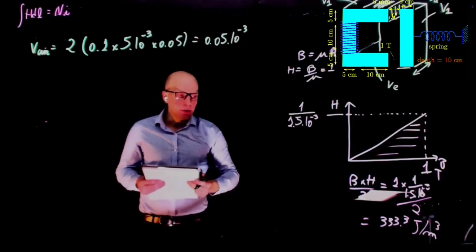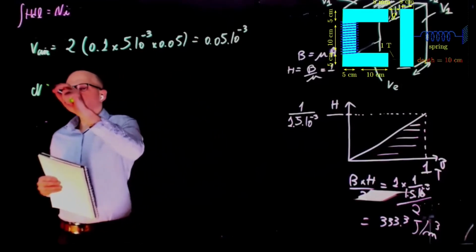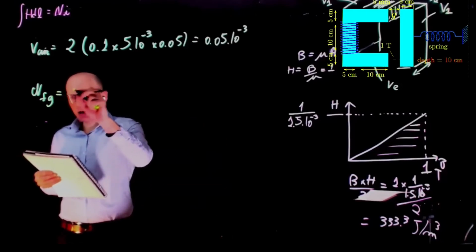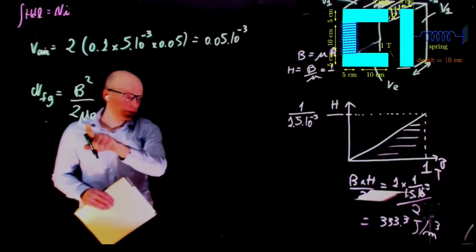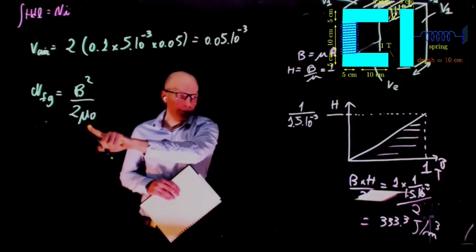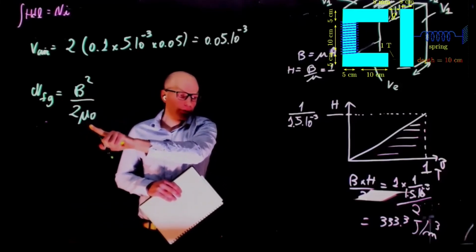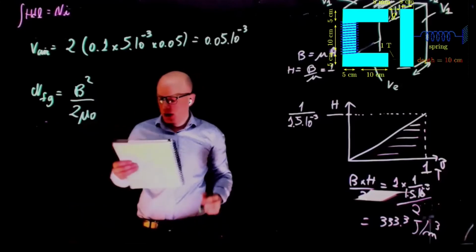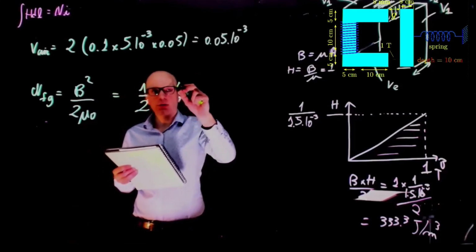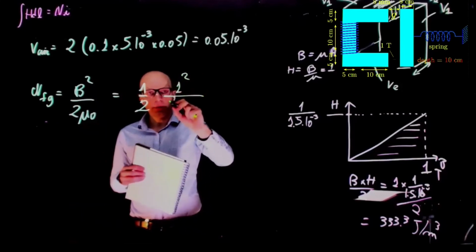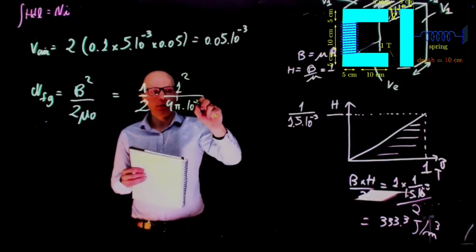So now you can calculate the energy density in the air gap as B squared over 2 mu 0. Mu 0 is the permeability of the air gap, so it is 1 over 2 times 1 squared divided by 4 pi times 10 to the power of -7.